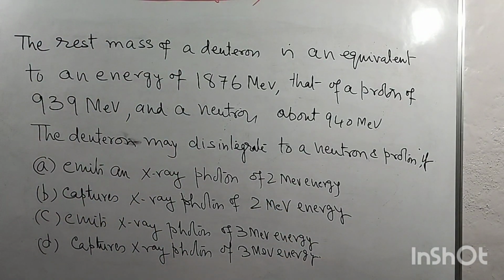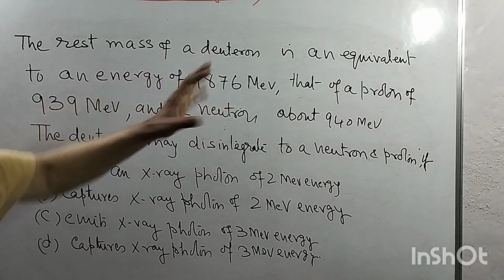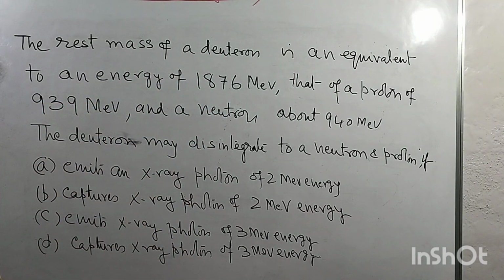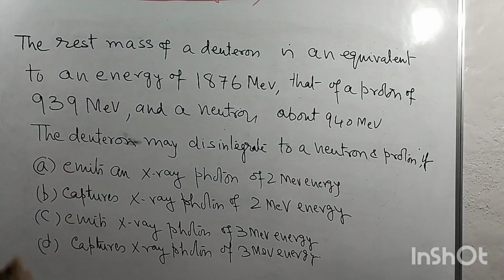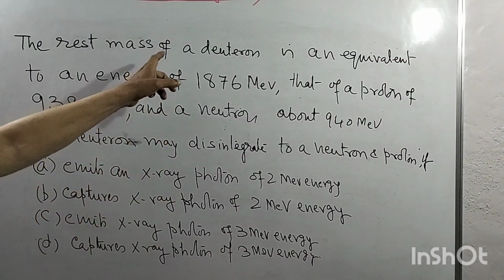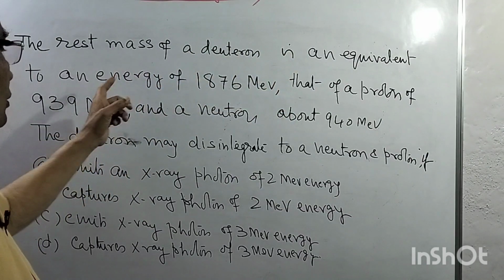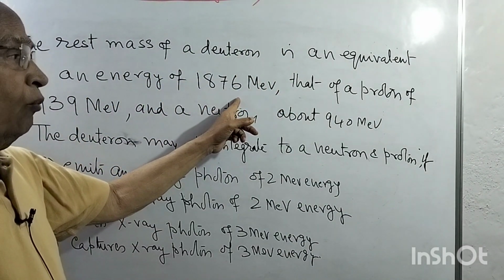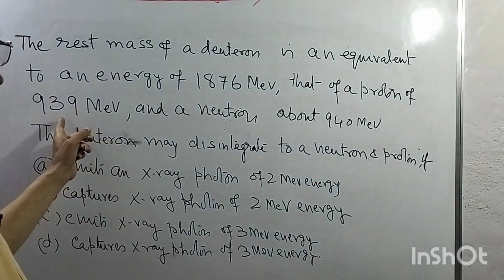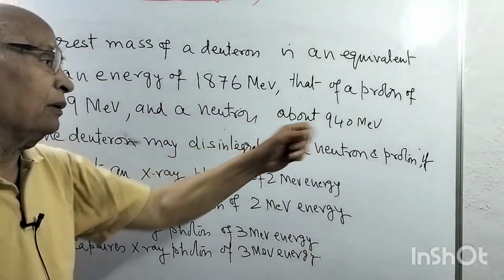Well, you see this question. What is the question? The question is the rest mass of a deuteron. A deuteron is a combination of one neutron and one proton. So the deuteron rest mass is equivalent to 1876 MeV. Well, proton rest mass 939, neutron slightly more, 940.